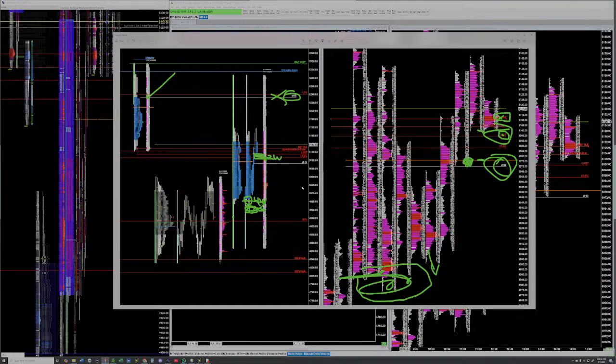I'm not saying it cannot happen, but I would rather be a little bit late, when I see the correction happening, than too early, because the tone is to the upside right now.